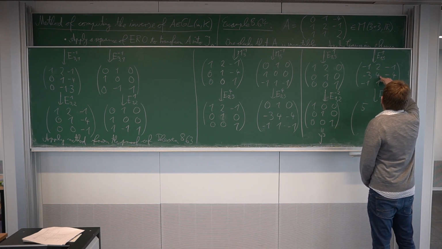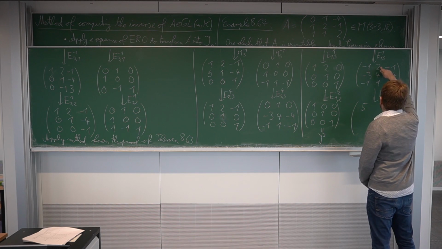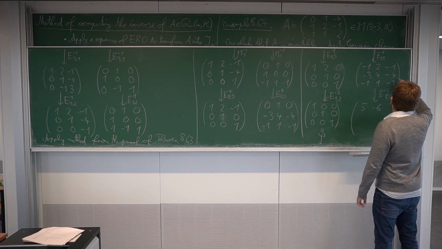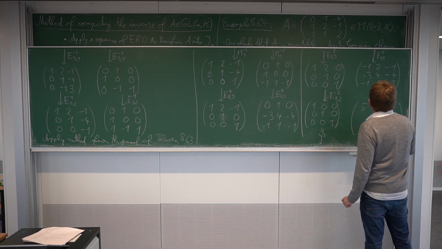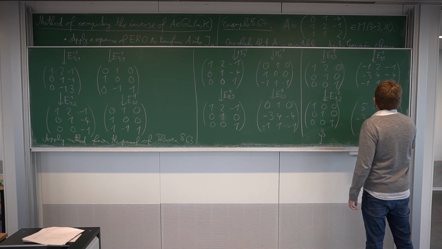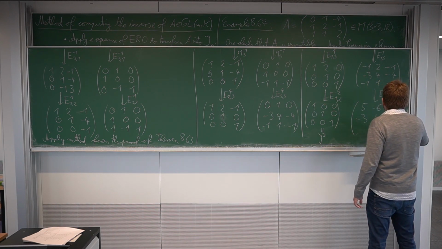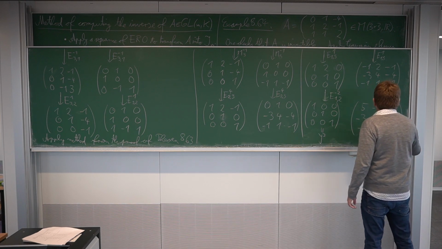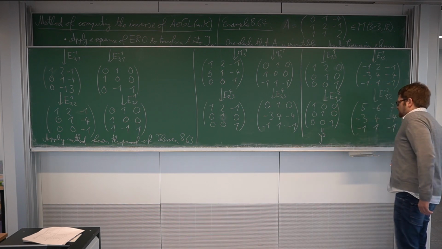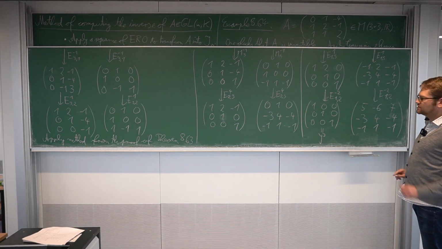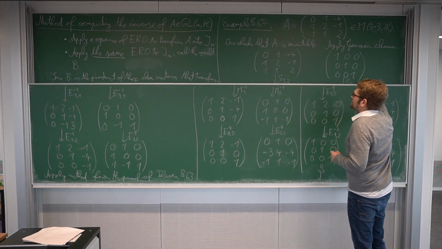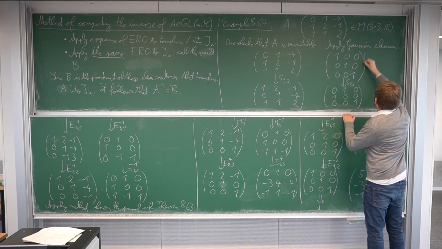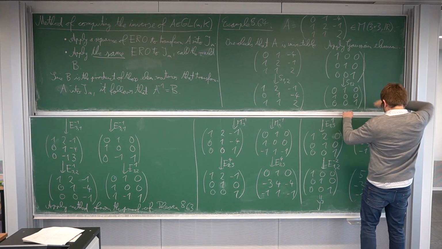Here we get minus 8 plus 2 is minus 6, and here we get plus 8 minus 1 gives plus 7, minus 3, the rest stays as it is, minus 3, 4, minus 1, 1, minus 1. So this is our solution. This is the inverse, and unfortunately I don't have space here anymore to write the conclusion here. Maybe that we write it there, so forget about that for this.